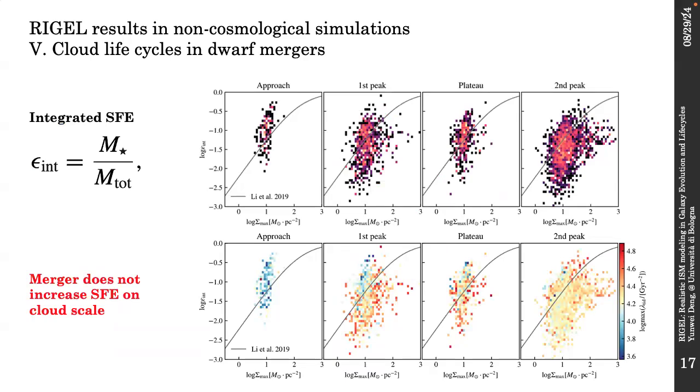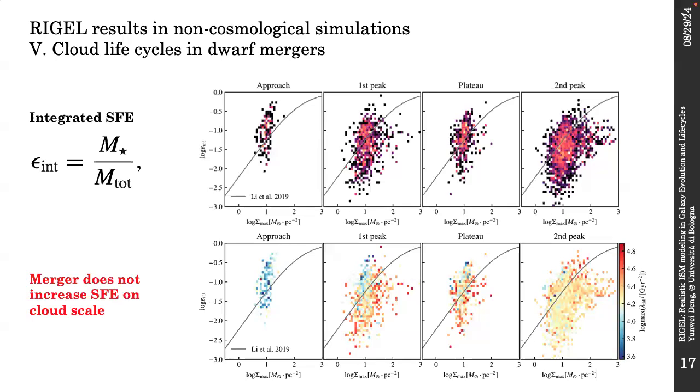I studied the integrated star formation efficiency for each individual cloud. It's defined as the ratio between the total stellar mass formed during the entire life cycle of a cloud over the total baryon mass of this cloud during its entire life cycle. Previous studies suggest that this integrated star formation efficiency has a relation with the surface density of the clouds, which is the green line.